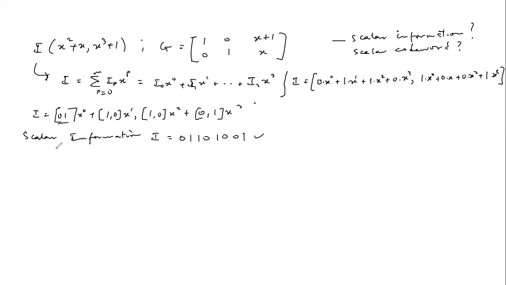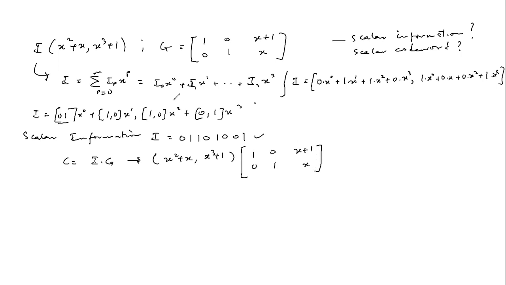Then the scalar code word C is the same as I dot G. And then I have to multiply through here, so that would be x squared plus x, comma, x cubed plus 1 times 1, 0, 0, 1, x plus 1, x.